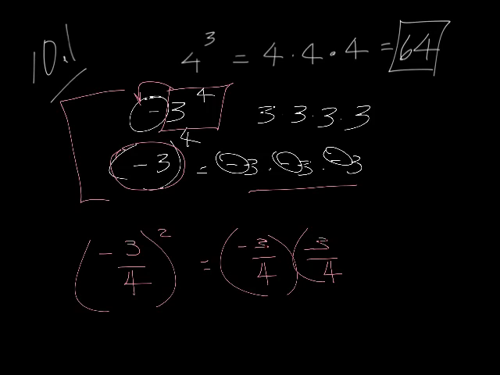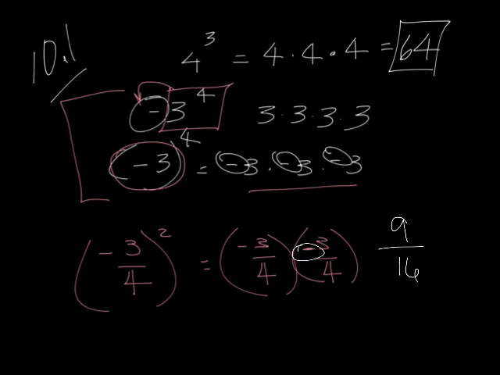Let's make that negative a little bit more obvious here. Alright, so what you do when you multiply: it shows me a fraction that's squared, which means the top and bottom numbers are both squared. So negative 3 times negative 3 is positive 9, and then 4 times 4 is 16.